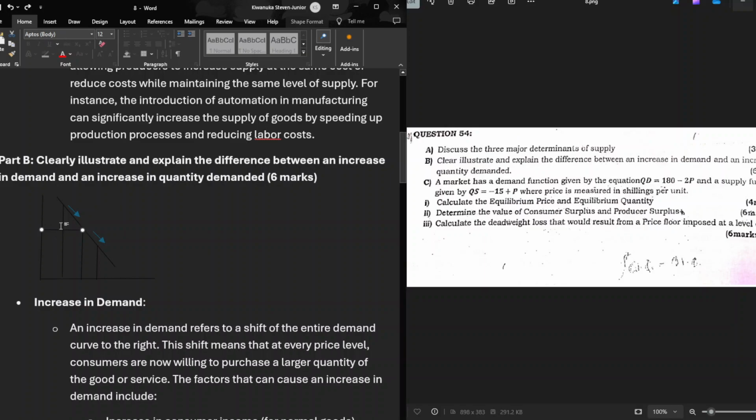due to a reduction in price. Are you seeing it is reducing from, if I get this, Control copy, Control V, we are only looking at increase in quantity demanded.